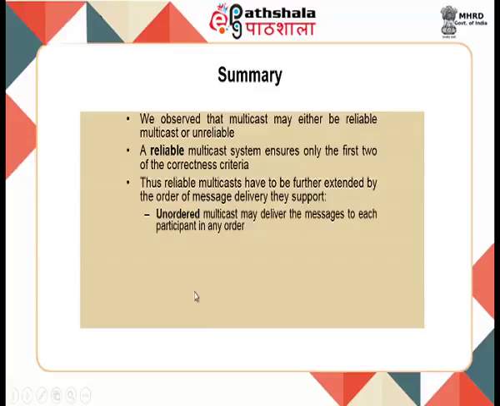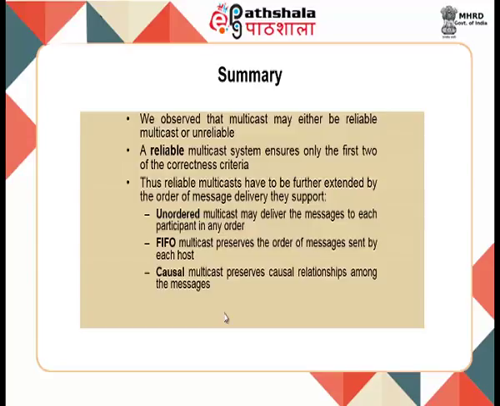In that, we looked at unordered, where no guarantee is given to the ordering of the messages. We looked at FIFO ordering, where the order of the senders must be maintained by the receivers. That means, in any order that the senders have sent, that must be completely obeyed by the receiving process. We looked at causal multicasting, where if there are more than one sender, then don't worry about the respective orders of the messages unless one message is in reply to the other.